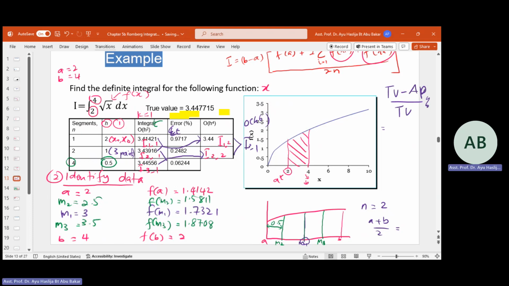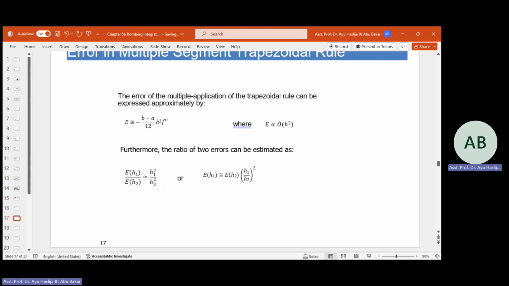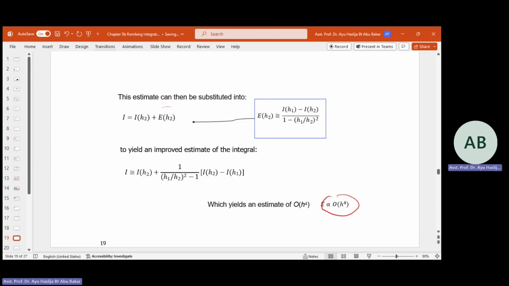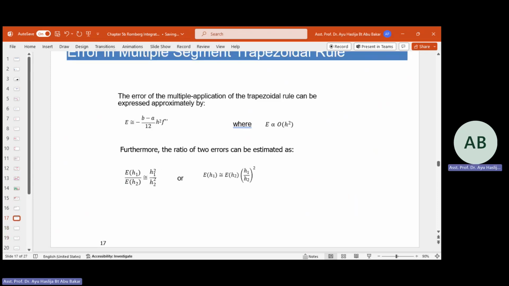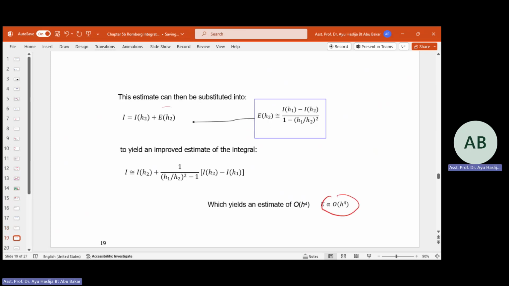Okay, I'll stop here first. Tomorrow we will do more exercises. This slide is the one that I mentioned earlier. It defines how you get the OH2 and the OH4. Okay, I will not go into details on this.